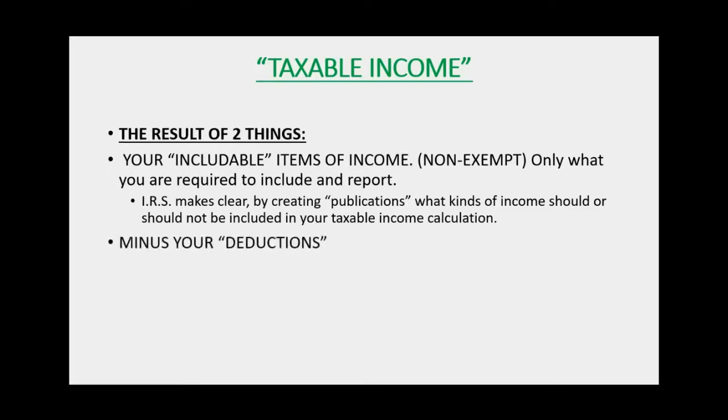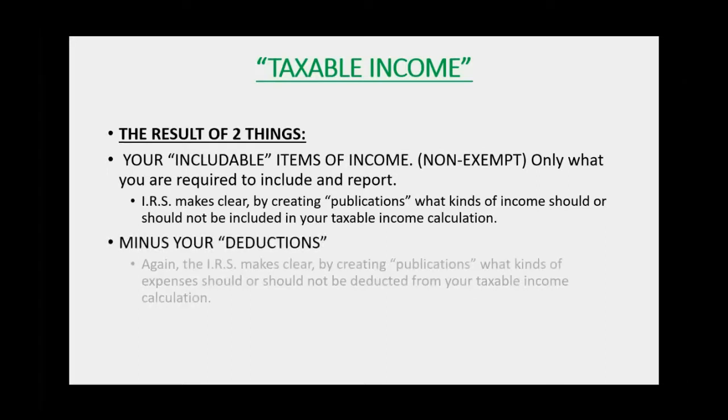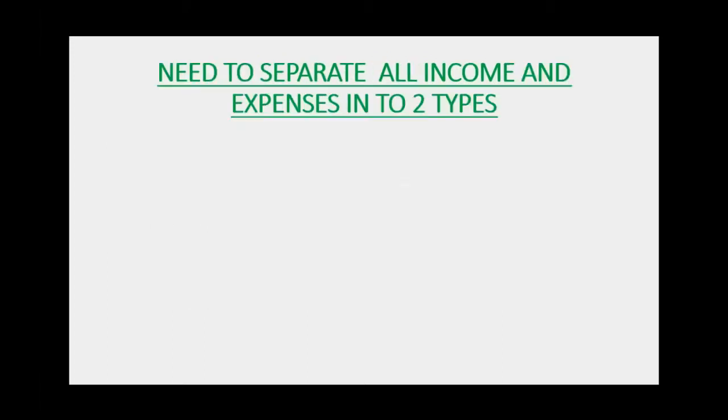You also have to know your deductions. Again, the IRS makes clear by creating publications what kinds of expenses should or should not be deducted from your taxable income calculation.